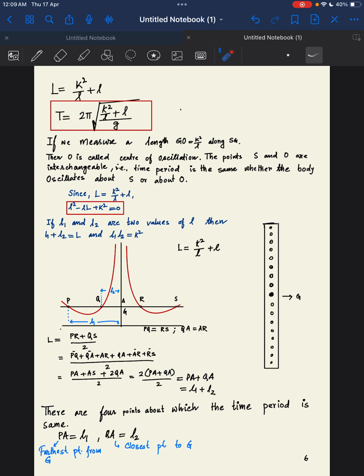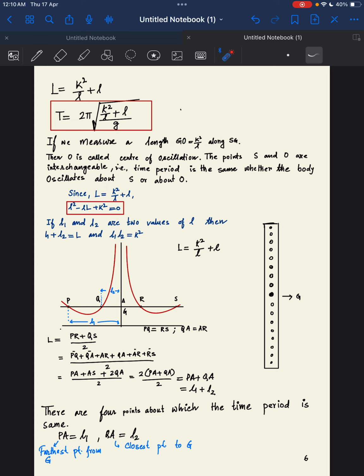Okay. So if you plot the graph on both sides, if you invert the pendulum, let's say this is initially the point of suspension and this is the point of oscillation. Now if you invert the pendulum, this is now your point of suspension and this is your point of oscillation. Then you will get another graph like this. Now if I draw a straight line at a particular time T, I can see this line has cut at 4 particular positions, and at these 4 positions the time periods are the same.